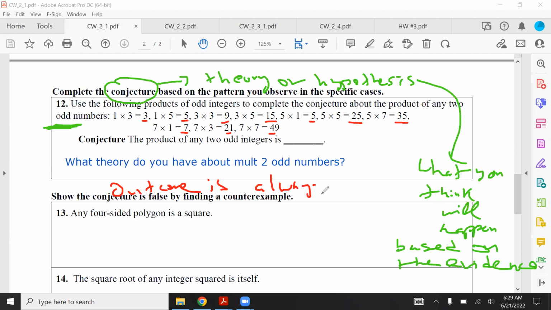Sometimes it might not be obvious, but based on the evidence, if you're multiplying two odd numbers, the outcome is always odd. So the product of two odd integers is odd. There's no way it'll ever be even when you're multiplying two odd numbers. So that's what a conjecture is. It's just trying to understand what you think will happen based on the evidence provided to you.